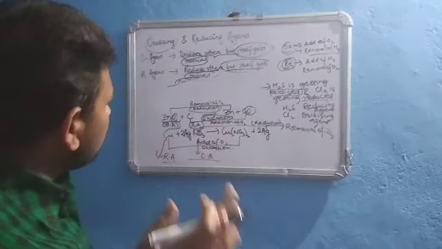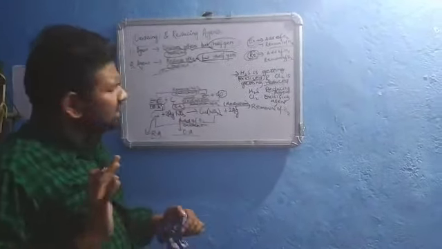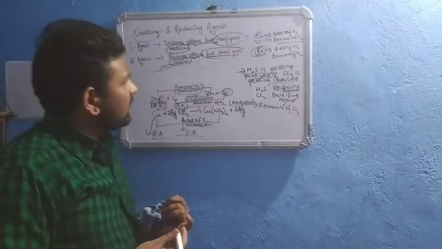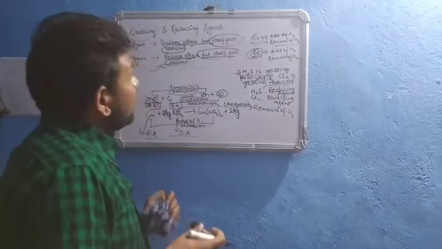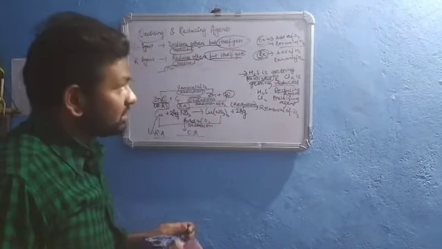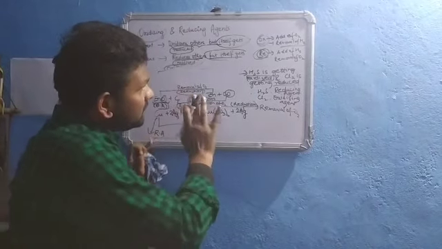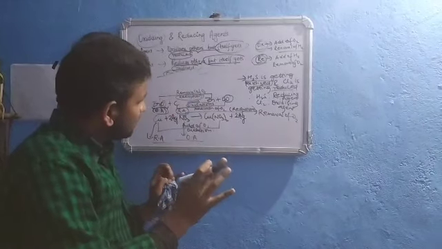So hope the discussion on oxidizing and reducing agents is clear. They'll never ask you the definition as such. They'll give you some reaction and ask which substance is getting oxidized and which substance is getting reduced, or to identify the oxidizing and reducing agents. What you need to do is simply check where oxidation is taking place and where reduction is taking place.